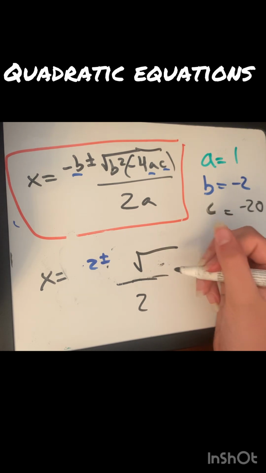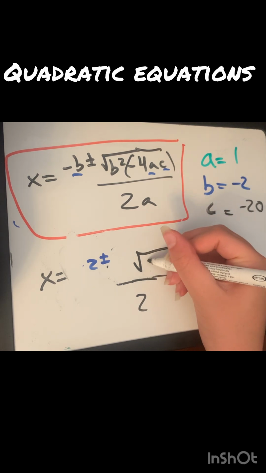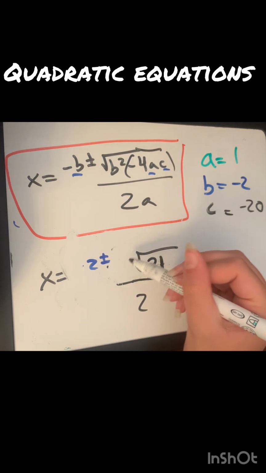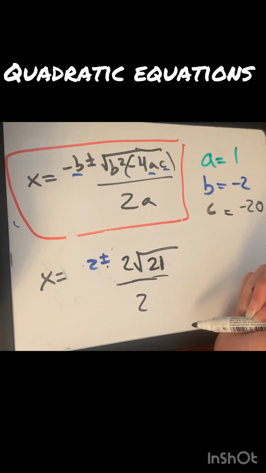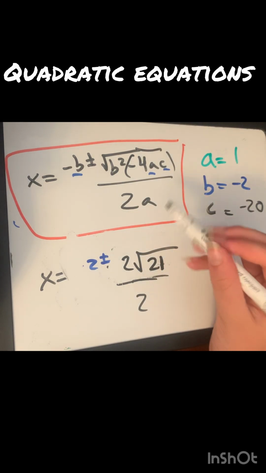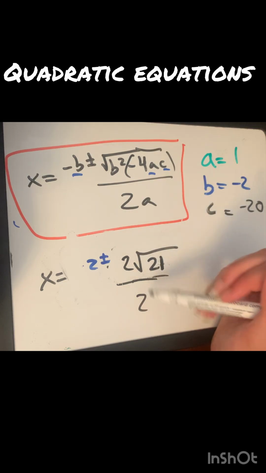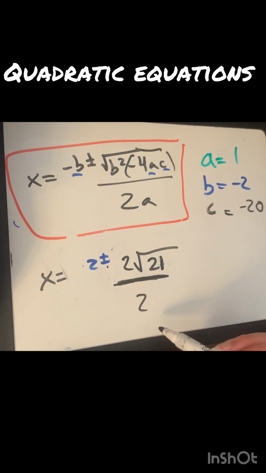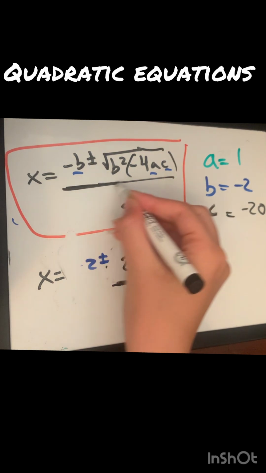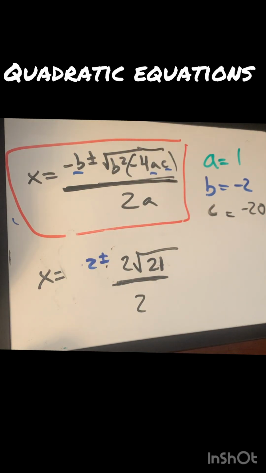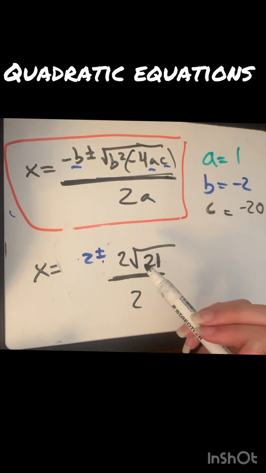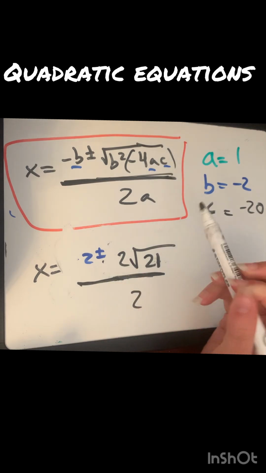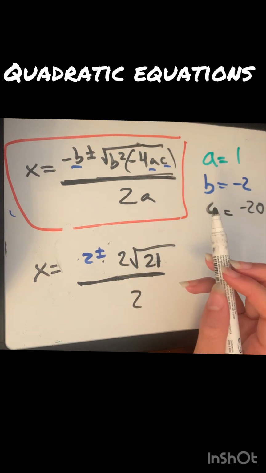Now this is the hardest equation you guys are going to get. So this is why I'm showing you this. And 2 stays outside because the square root of 4 is 2. And now you divide 2 divided by 2. Okay. So the cool thing about this one is that you can simplify it so easily.